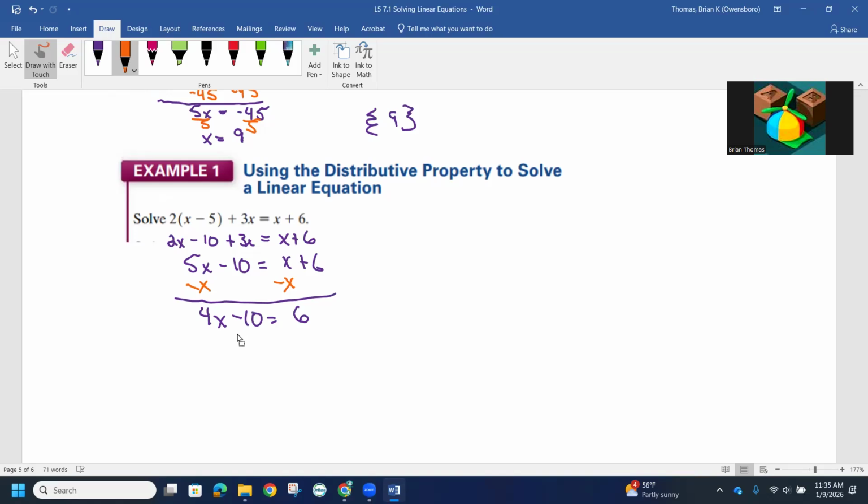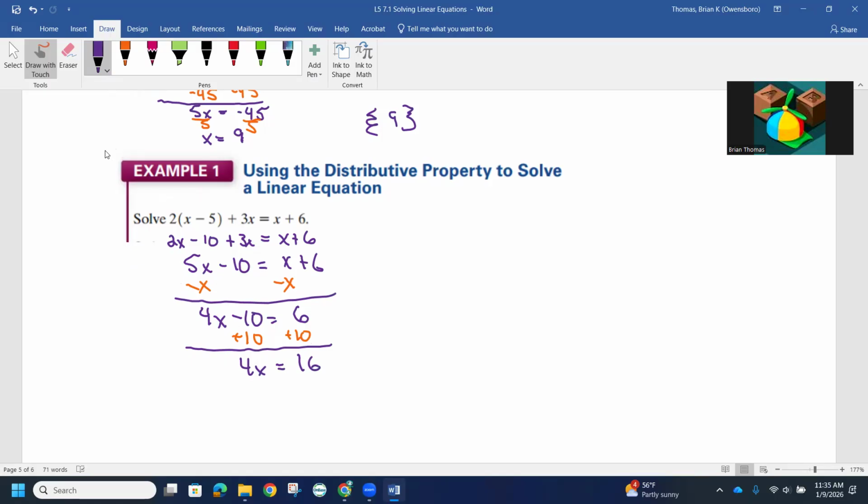If I have a negative 10, I can add a 10 here as long as I add a 10 over here. Again, I draw a line to bring down the new equation. If I simplify that math, we have 4x, the negative 10 and the positive 10 zero out, and 6 plus 10 would be 16.